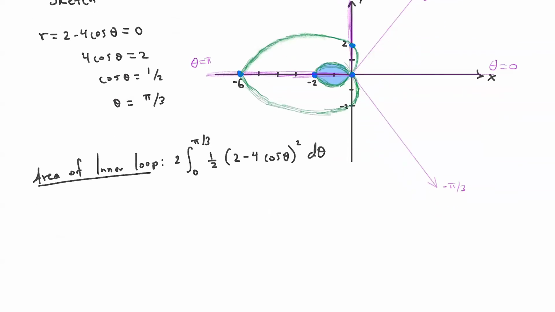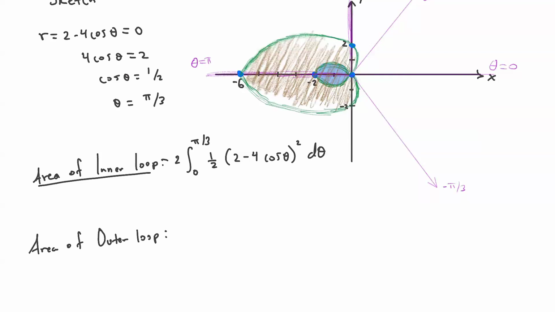And then what is going to be the area of the outer loop? Remember that the area of the outer loop, fortunately, when we do that, it will cover everything. Let me do it with this color here. It will cover everything. The outer loop will cover everything, including the inner loop, right? That's why this is a tough question because you gotta figure that out. So the area of the outer loop, what is that going to equal to?